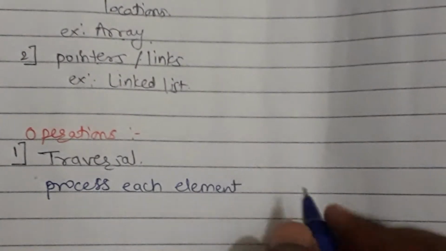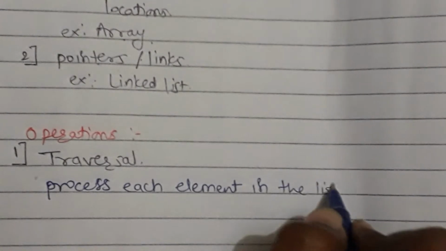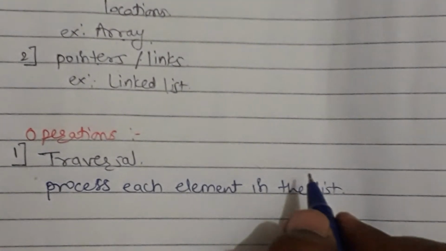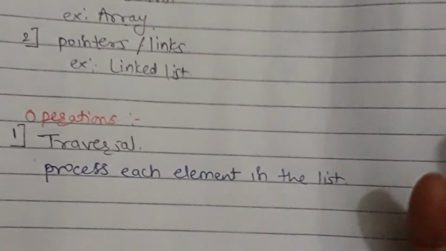Traversal means we have to process each and every element in the list. So in general, we print all the elements, and that is a traversal.